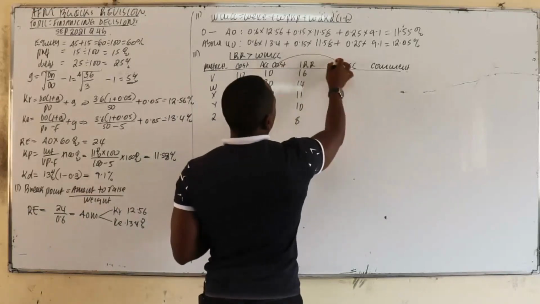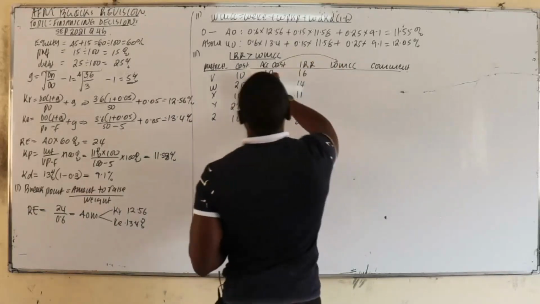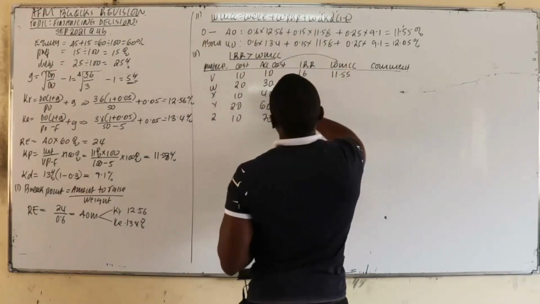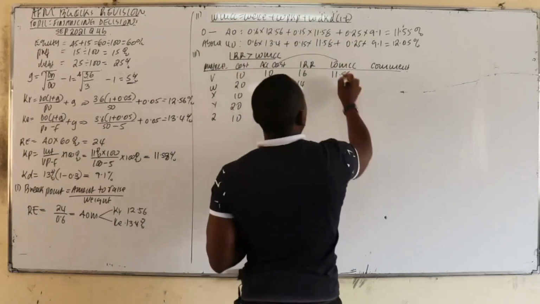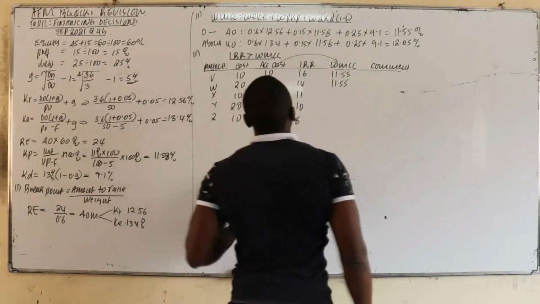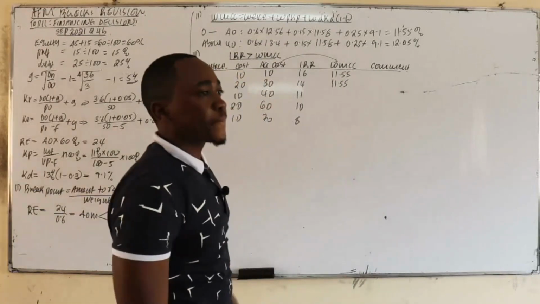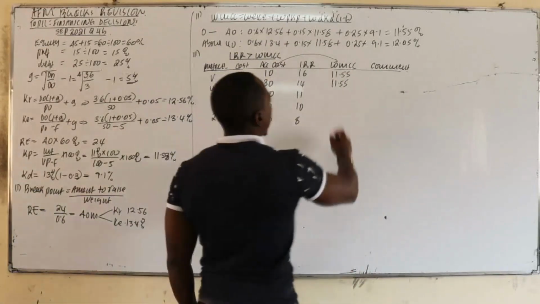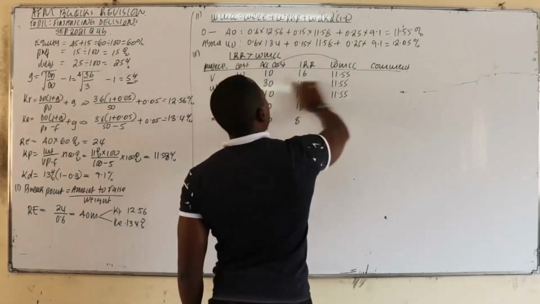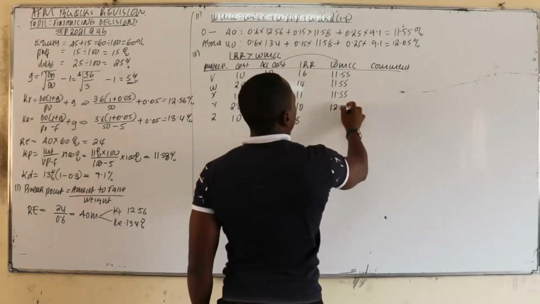For WMCC, use the accumulated cost. So 10 is between 0 and 40, so it would be 11.55. 30 is still between 0 and 40, 11.55%. What about 40? Still 11.55. Then above 40, that's when you use 12.05.